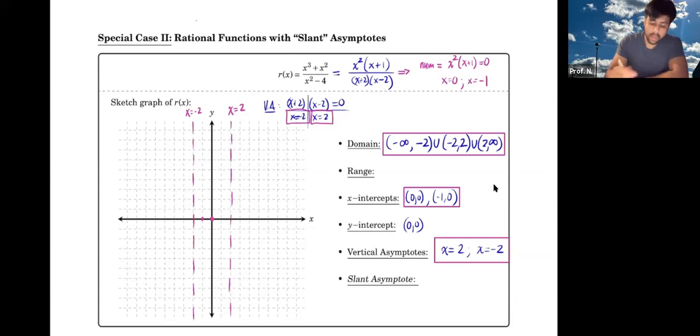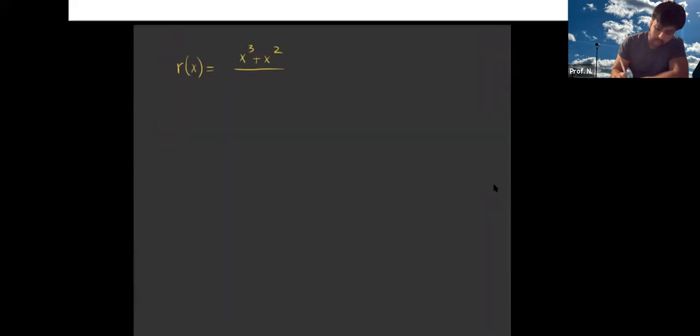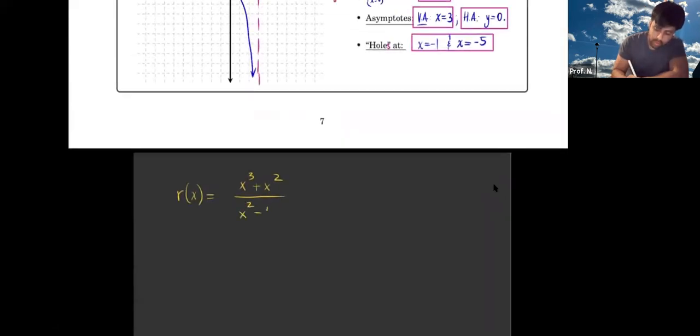So if that's the case, then this is what we have. I'm going to go over here. So r of x equals x cubed plus x squared over x squared minus 4.